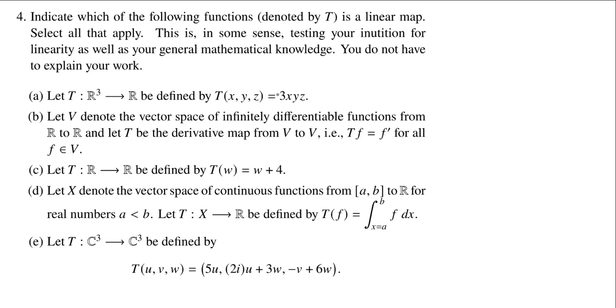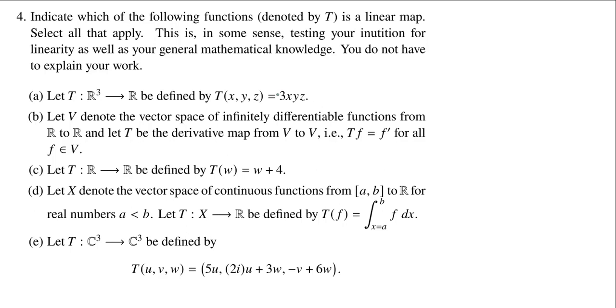So things like 2x plus 3z, right? That would be a linear combination of the inputs. When you have those as the output of the function, you should expect that you're getting a linear map. But if you're using other operations, like multiplying things together, you shouldn't expect to get a linear map.